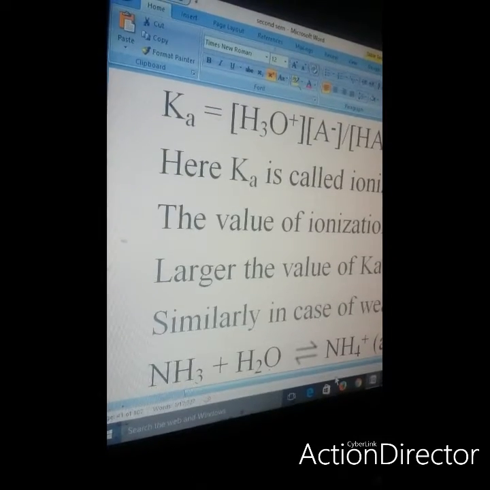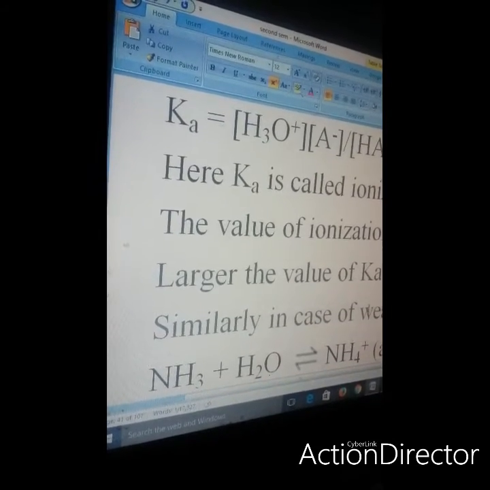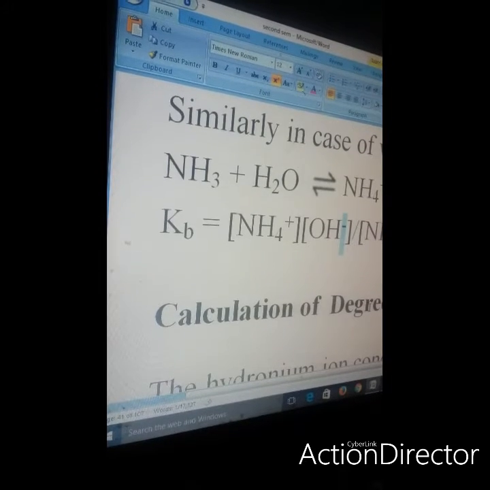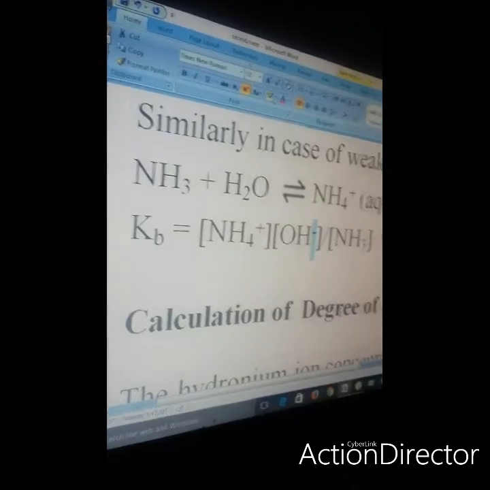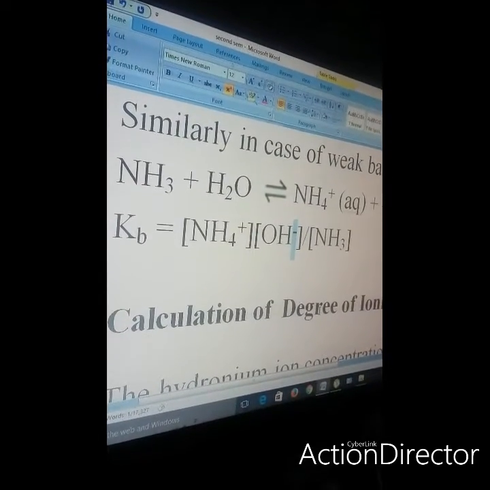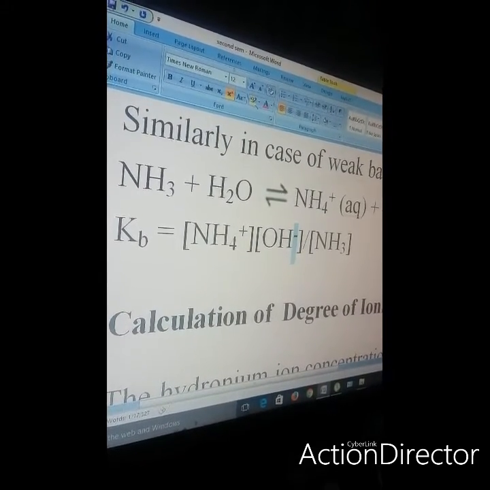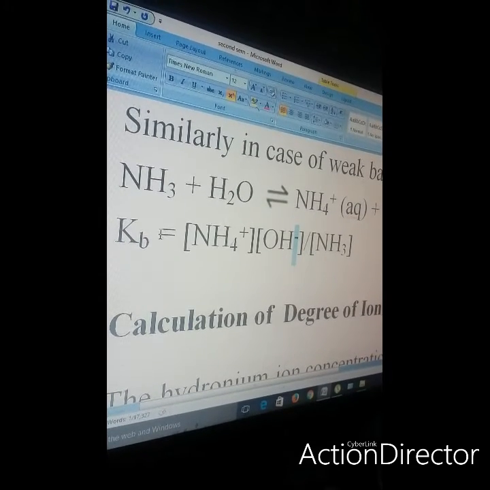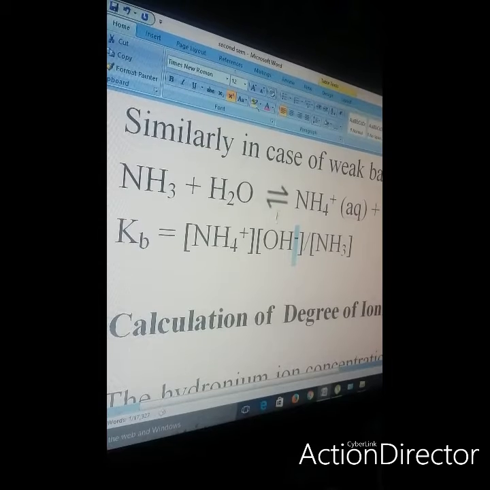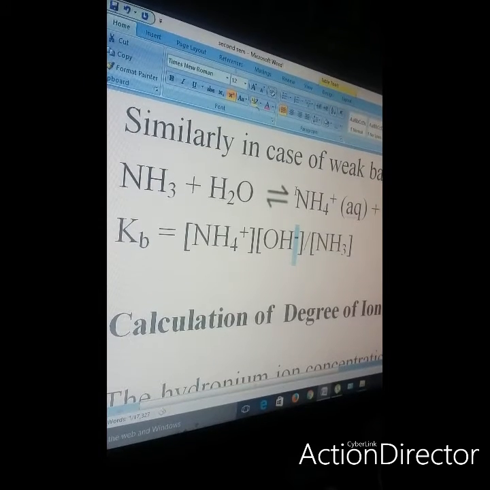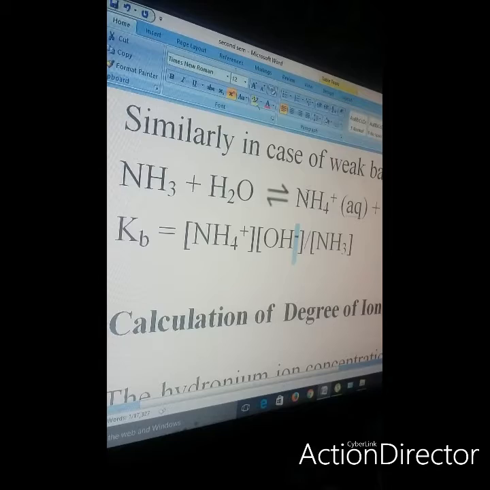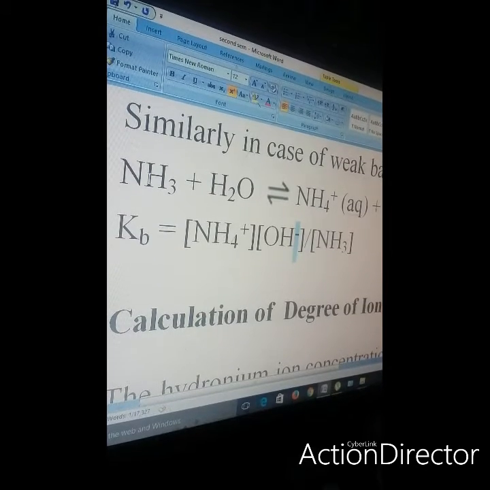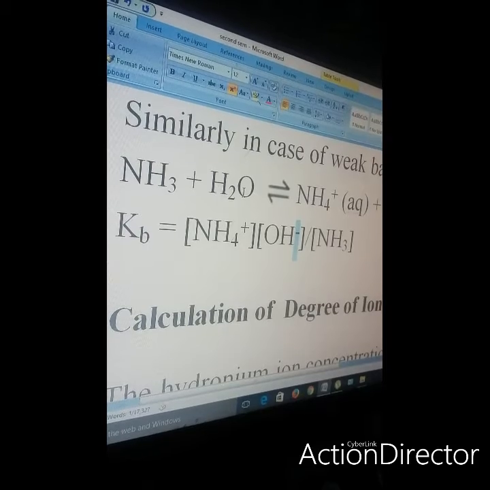Similarly, we can find out the dissociation constant or ionization constant of a base. I am considering this example in which ammonia is reacting with H2O, giving you ammonium ions and OH negative ions. The dissociation constant will be given by the product of concentration of products, that is ammonium ion and OH ions, upon the concentration of NH3 and the concentration of water.